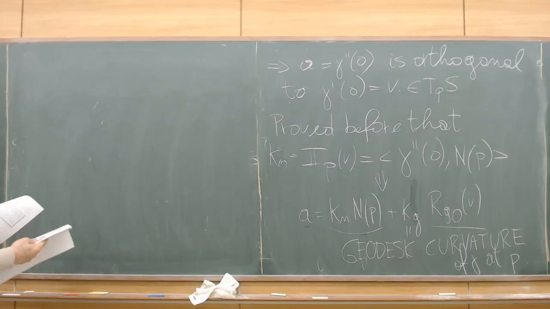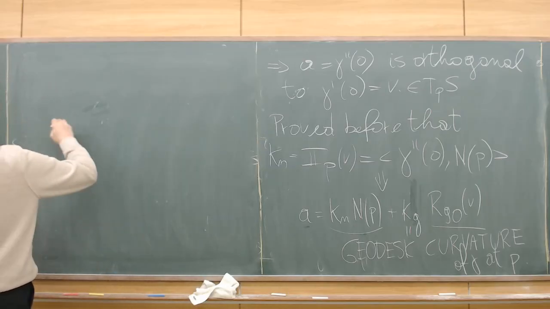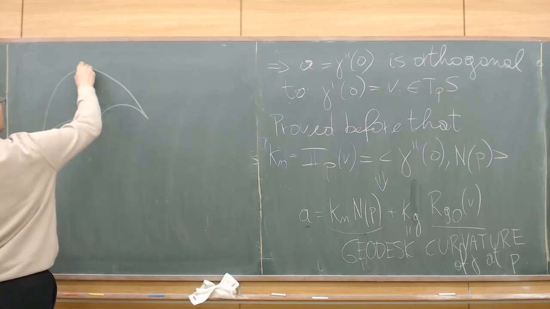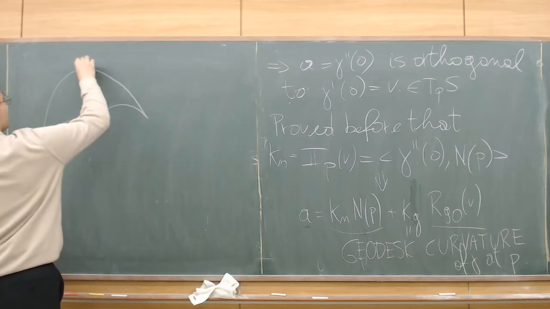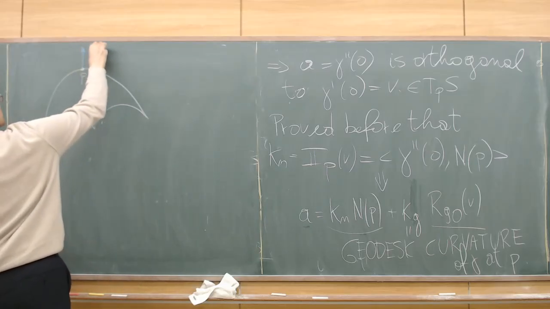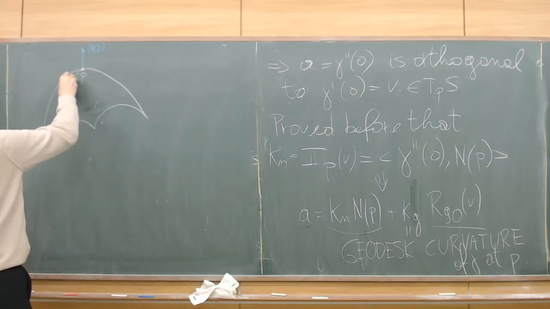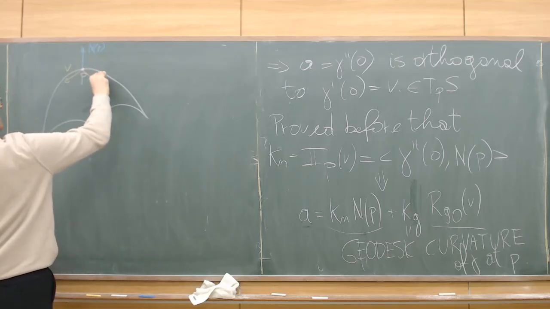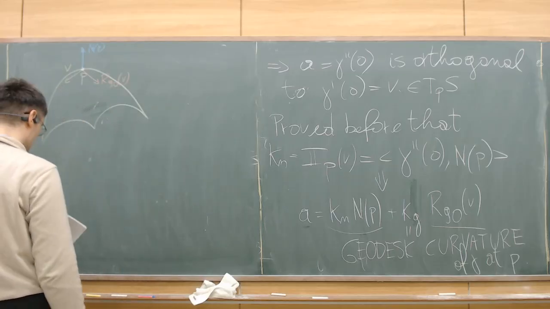Maybe it's a good idea to make a picture. So if this is the surface, this is P, for example, this is N of P, this is V, this is R90 V, and use another color.